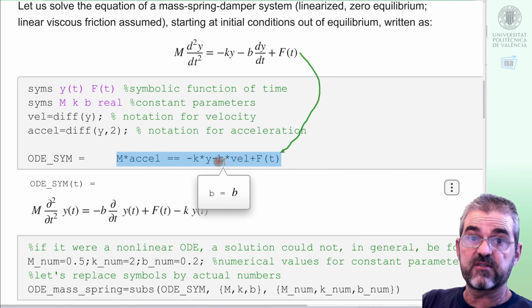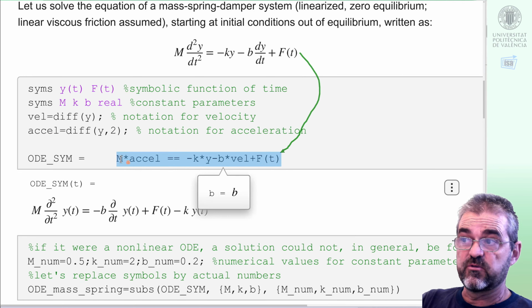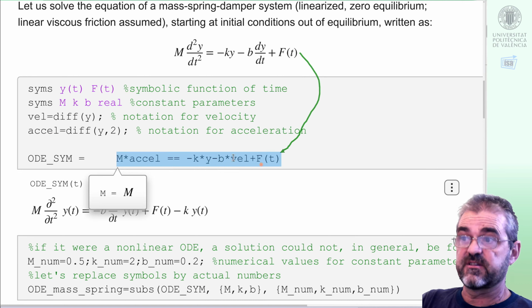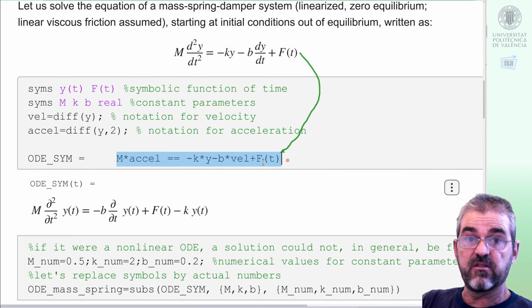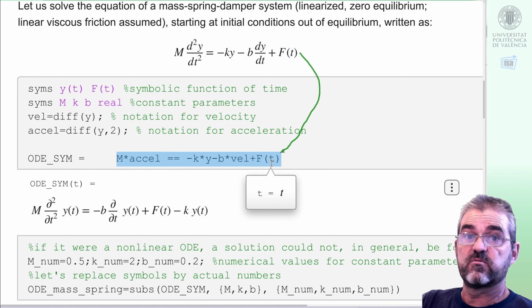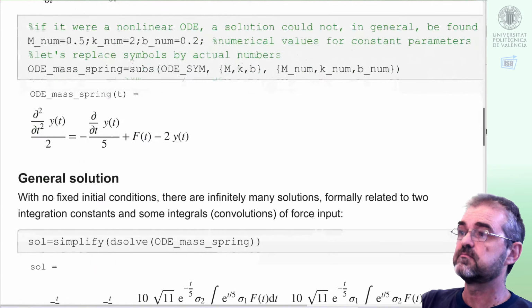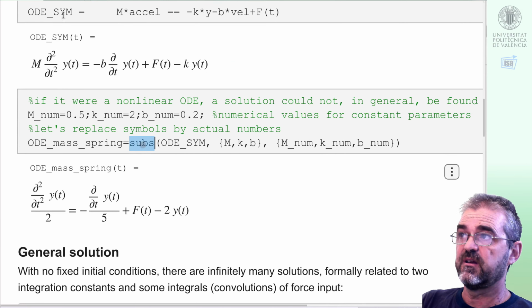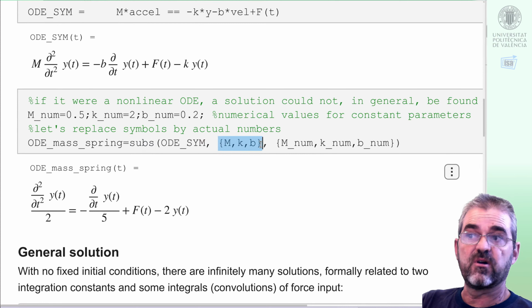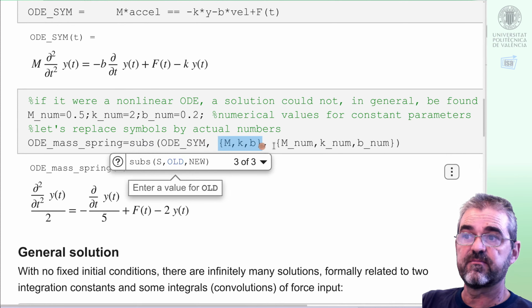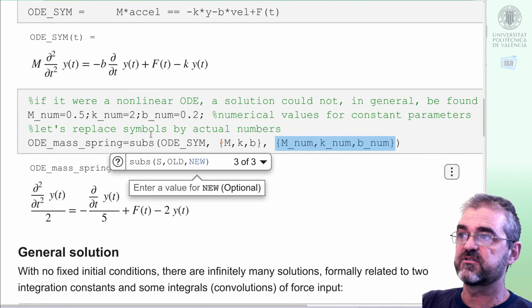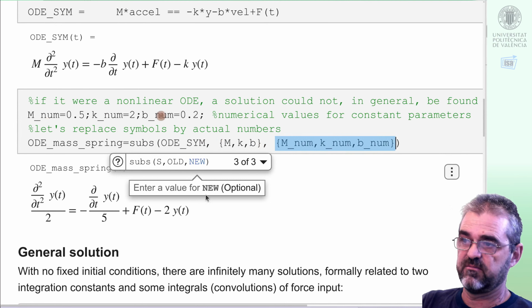In order to have an actual solution, I will need to replace the constant parameters by actual numerical values and the force input by a given function of time, which will be the excitation that makes this thing move. So let's do it. I will substitute in this ODE the symbolic letters M, K, B by the numerical values M num, K num, B num.